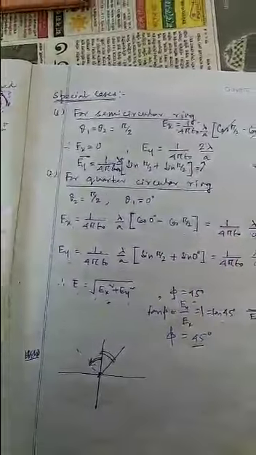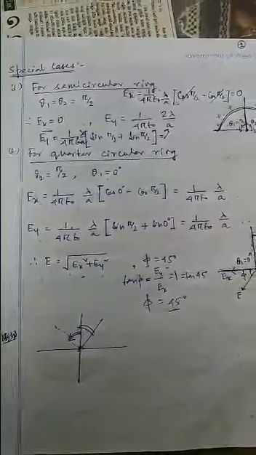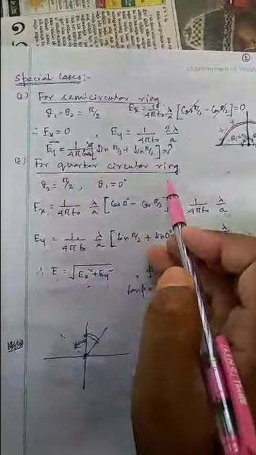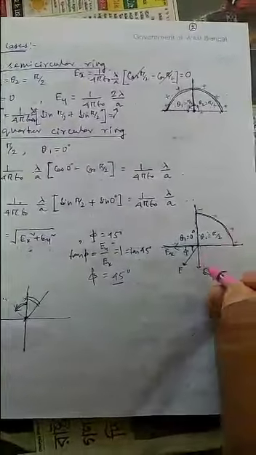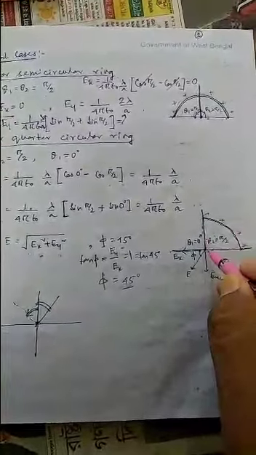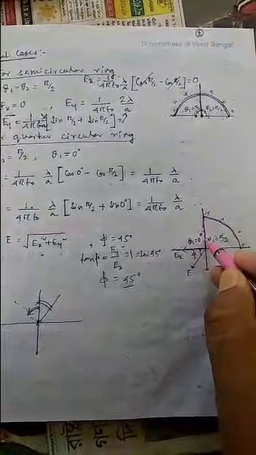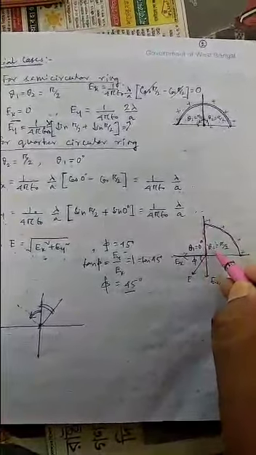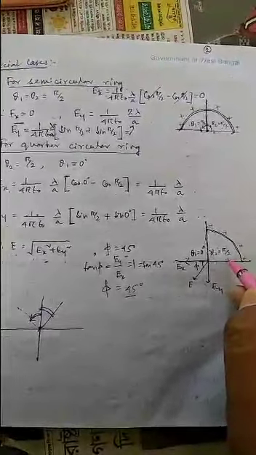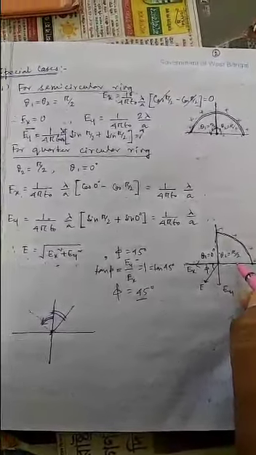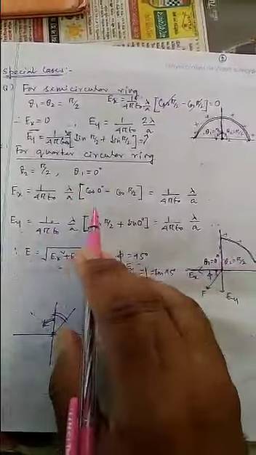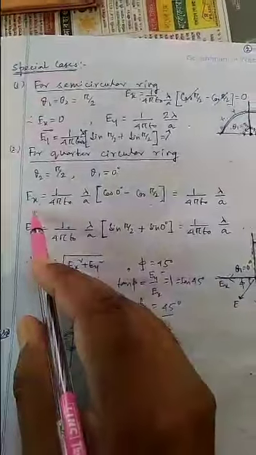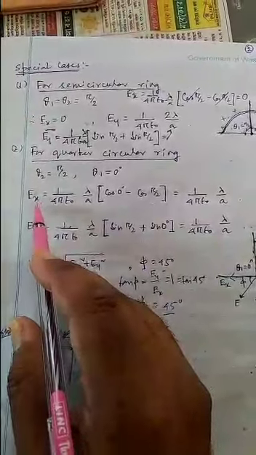Is that clear? Now come to the quarter circular ring. For the quarter circular ring, just notice the figure. Theta 1 should be 0 here, and theta 2 should be pi by 2. It's very easy to understand. Now you just put the limit in the expressions we have found. What is the expression for the x component?